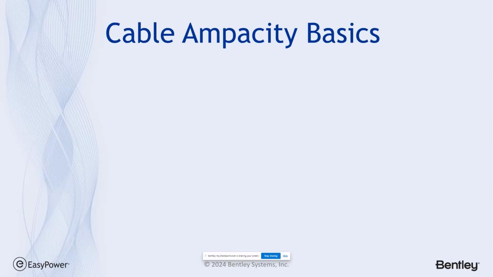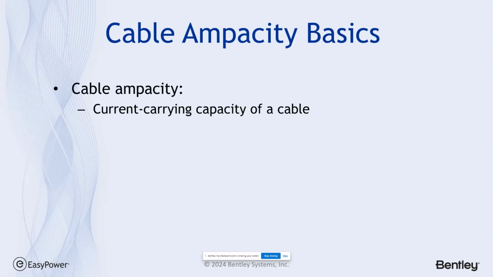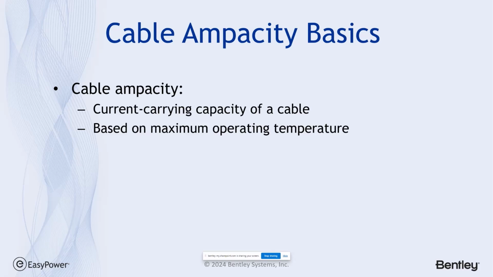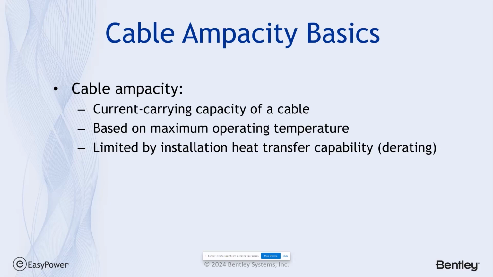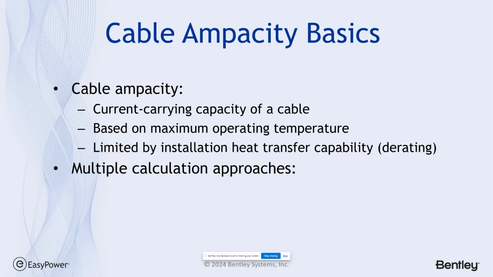Put simply, cable ampacity is the current carrying capacity of a cable. The current magnitude a cable can carry is based on the allowable maximum operating temperature of the conductor inside the cable, which is often something like 75 or 90 degrees C in the United States. Continuing operation above a conductor's maximum operating temperature will cause premature cable aging and insulation degradation, which leads to failures like short circuits.